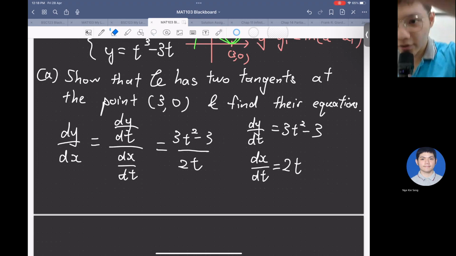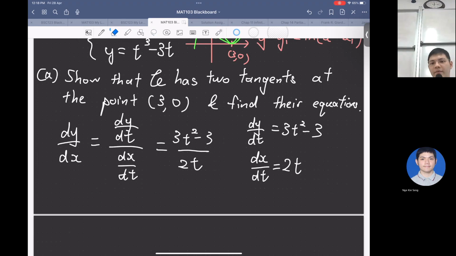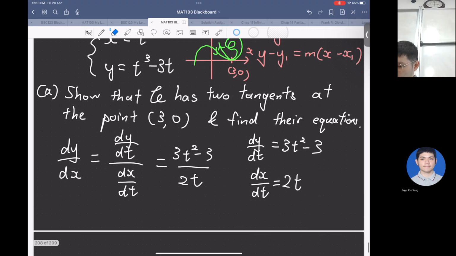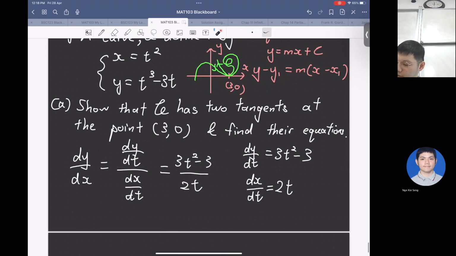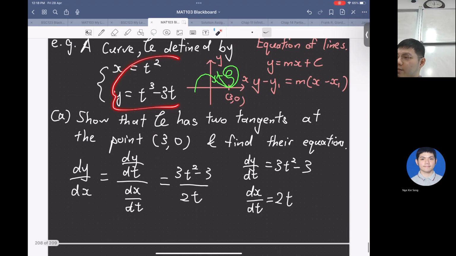So what's next? We need to check on the point (3, 0). You can see that this point lies in the xy plane, but our parametric equation is in terms of t.